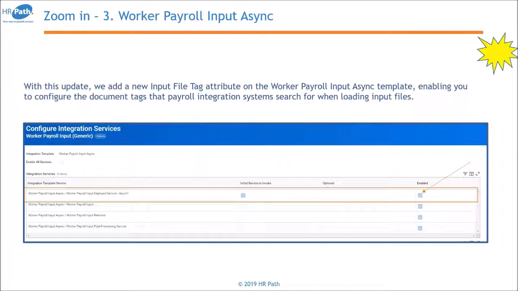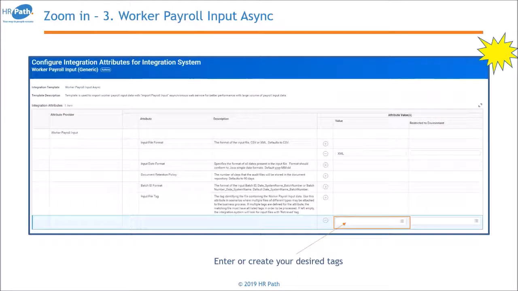So basically what we can do here is assign certain tags to incoming documents from a payroll vendor. You have to switch this feature on in the integration services, and if we move to the next slide, you can see that we can assign a tag to certain input files.